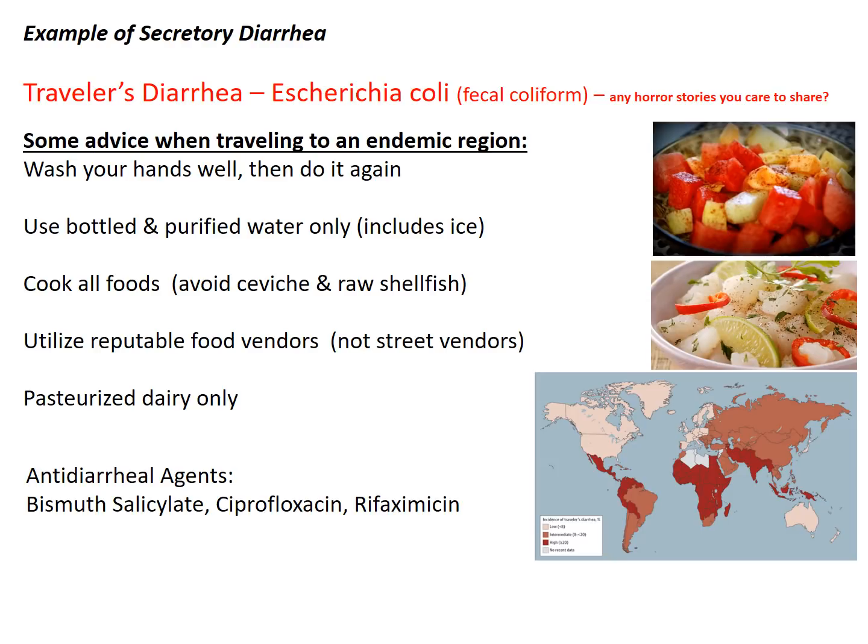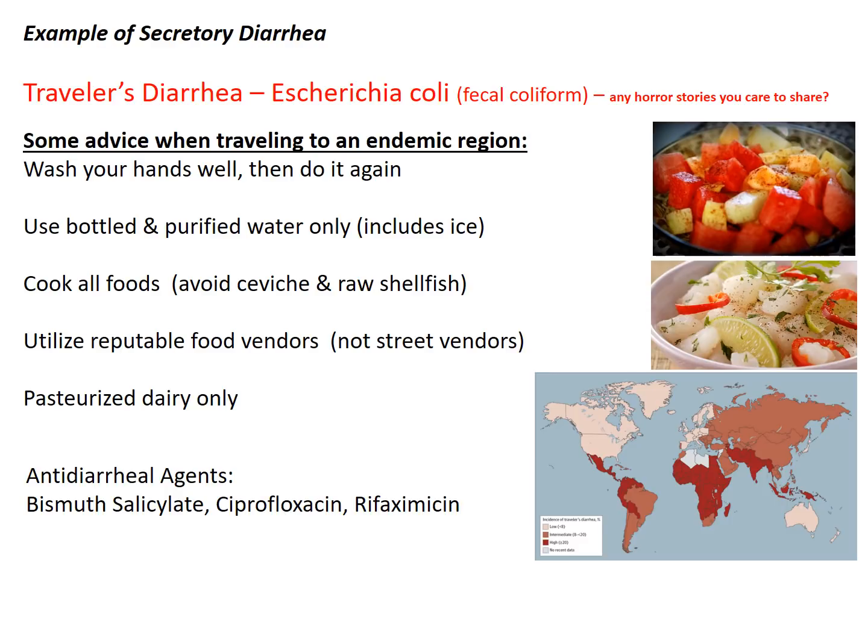If you look at the world map, you can see the more darker red regions are areas of the world where traveler's diarrhea is much more prominent. So things that you want to do when you visit those places of the world is only use bottled or purified water. That includes the ice that you're using in your drinks.